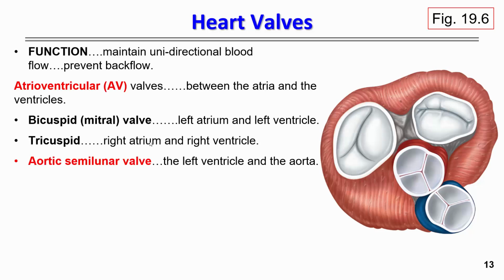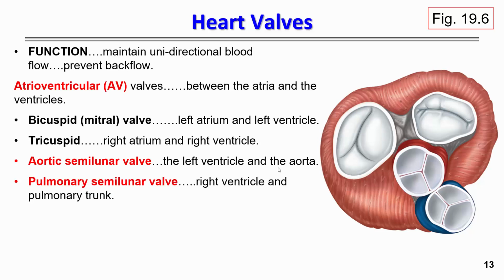Now we also have two valves between the ventricles and the major vessels that leave those ventricles. The aortic semilunar valve is the valve between the left ventricle and the major vessel leaving the left ventricle, which is the aorta. The pulmonary semilunar valve is located between the right ventricle and the pulmonary trunk.